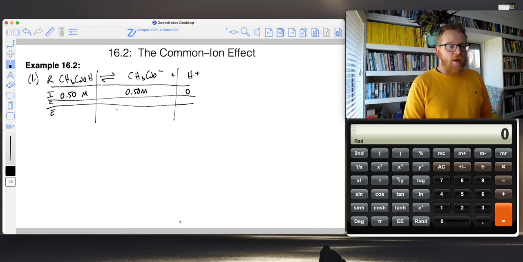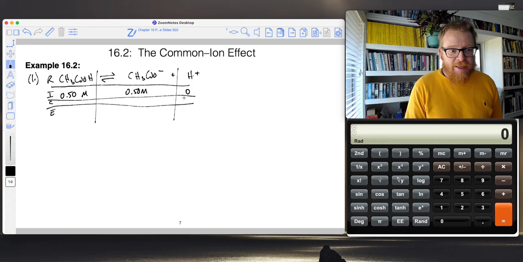Because that's 0, that's got to be plus x, which means this has to be plus x, which means this needs to be minus x. Filling that out, 0.5 minus x, 0.5 plus x, and now just x.